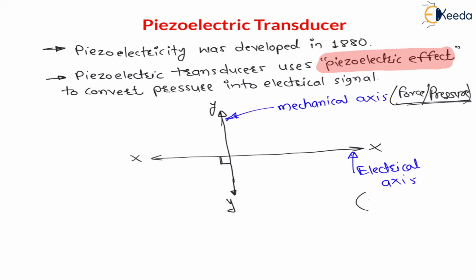Therefore along the x-axis we will generate an electric field, right? The mechanical axis and electrical axis are always perpendicular to each other, and the effect is called the piezoelectric effect. Don't worry, we are going to understand this effect in detail.